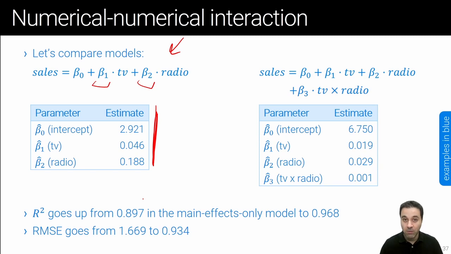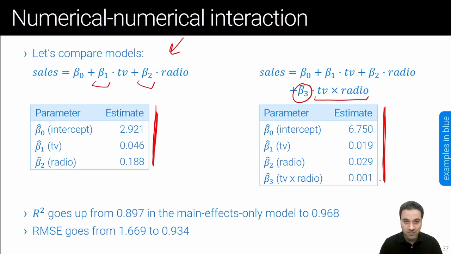Let's say that we want to incorporate the interaction between TV and radio. How do we do it? As we saw, we have this new term in the model, TV times radio, and the corresponding coefficient, beta 3. This beta 3 is modeling the interaction between TV and radio. And if we do OLS, this is the model we have.